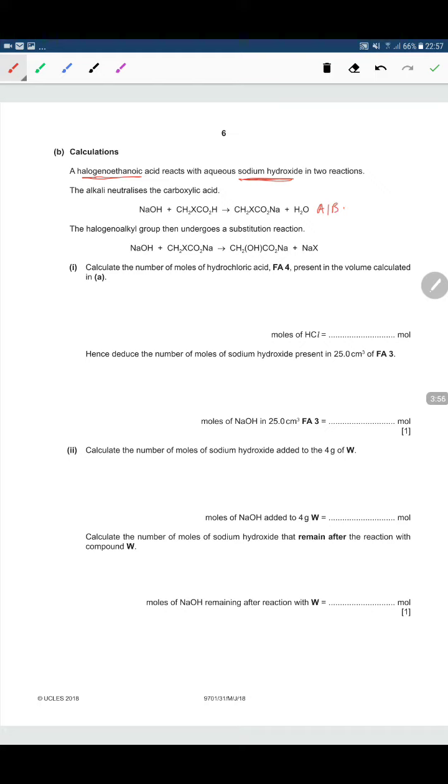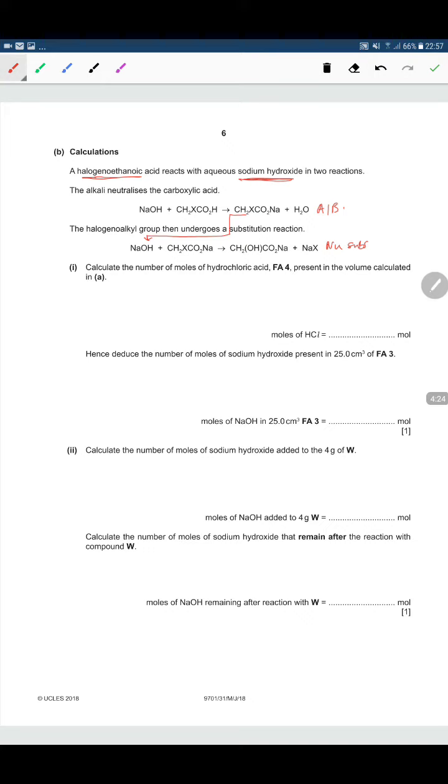And the second one is a nucleophilic substitution. So that is nucleophilic substitution plus acid-base. The sodium hydroxide reacted with the leftover of this one, which then reacts more with sodium hydroxide to give the nucleophilic substitution.